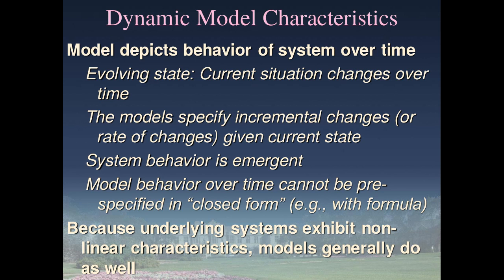Model behavior for these dynamic models, these nonlinear models, generally cannot be pre-specified in closed form. We can't write out a neat formula that tells us over time this model implies an exponential increase in weight, based on some formula for how it depends on preferences for convenience store food.